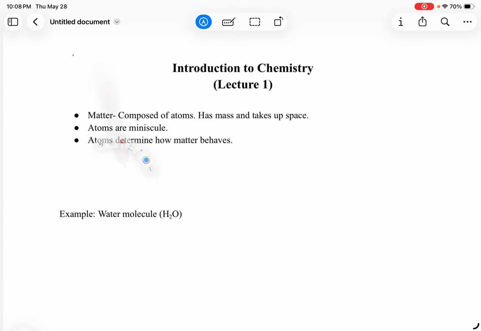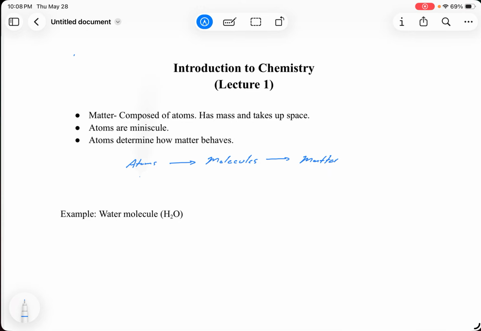So we got atoms, and atoms make up molecules, right? We'll talk more about this later. Right now I'm just building a frame for you. So atoms make up molecules. Molecules make up matter, right? And atoms determine how matter behaves.